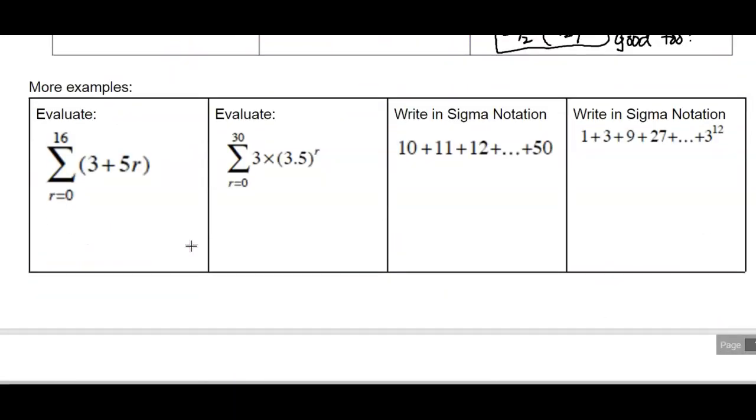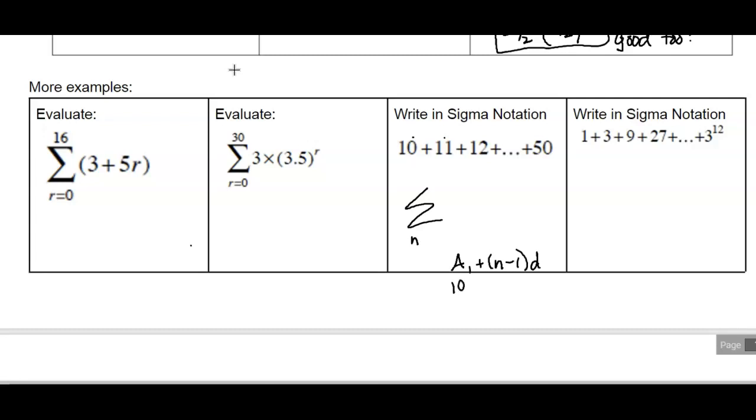All right, let's do some more examples. I am going to actually skip to these two. So I get n, and now this one I am adding 1 each time. So arithmetic.